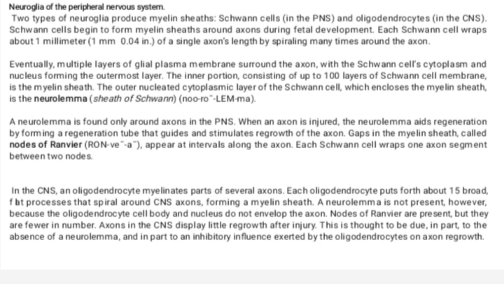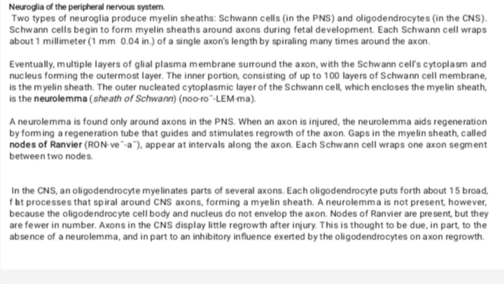When an axon is injured, the neurolemma aids regeneration by forming a regeneration tube that guides and stimulates regrowth of the axon. Gaps in the myelin sheath, called nodes of Ranvier, appear at intervals along the axon. Each Schwann cell wraps one axon segment between two nodes.